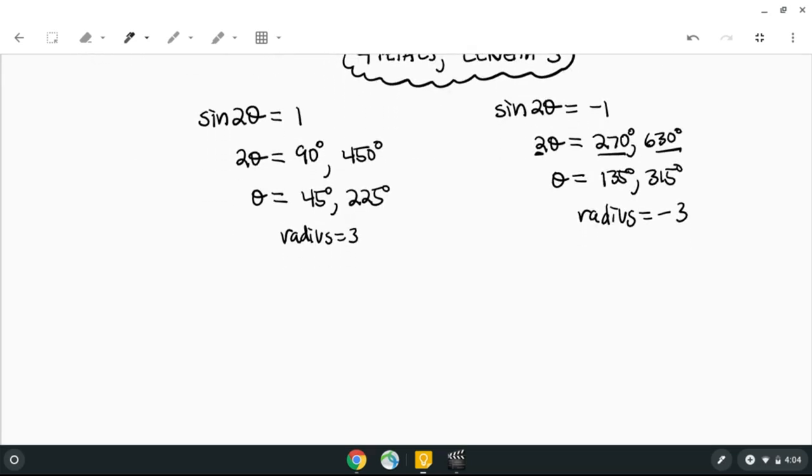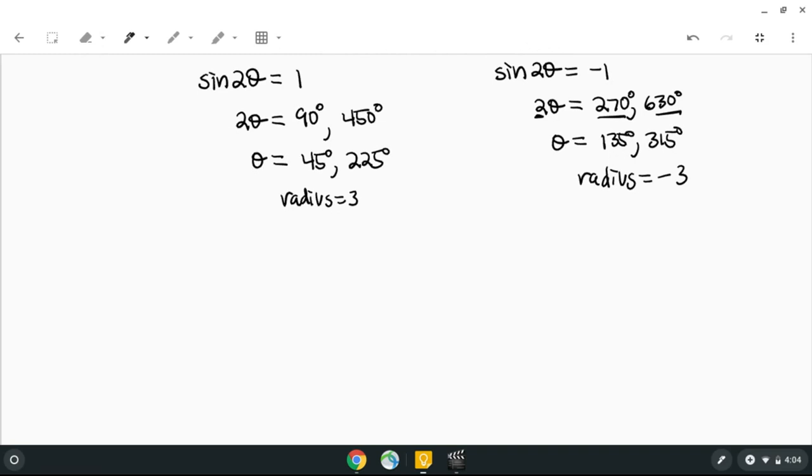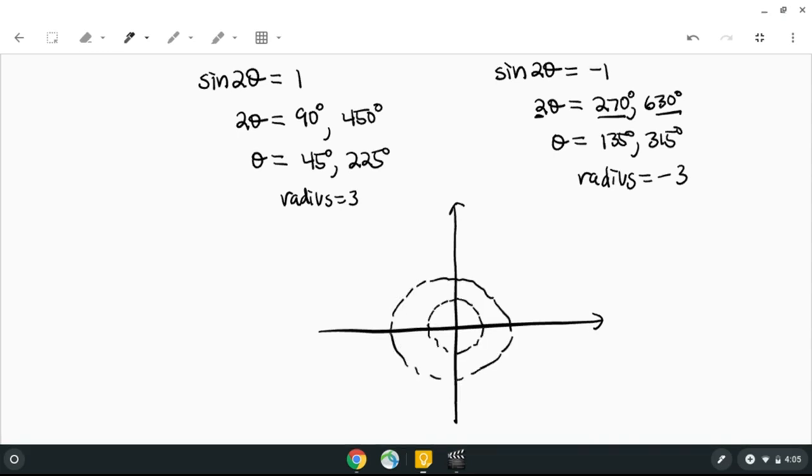So let's go ahead and do these. I'm going to draw my circle with radius 1, my circle with radius 2, a little sloppy here, it's kind of hard to do on a tablet, then 3, and I'll just do one more.